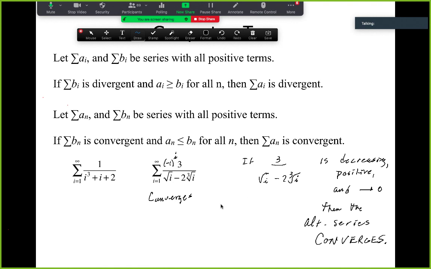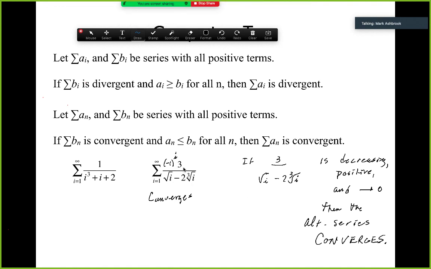Yeah, so that was the previous problem. We showed it diverges by comparison to 3 over radical j. But make it alternate, and now this series converges by the alternating series test. Because all the positive part needs to do is decrease and go to 0.